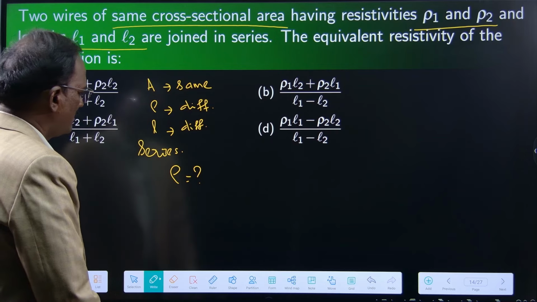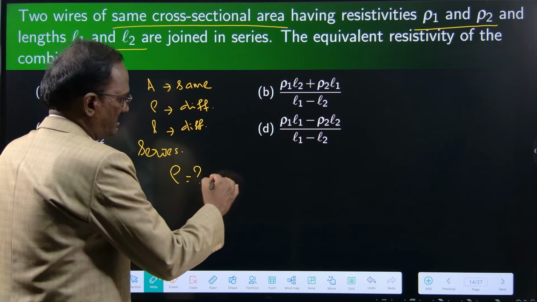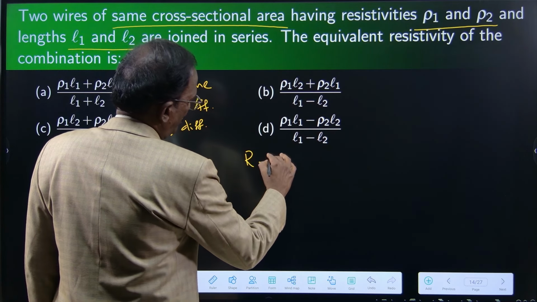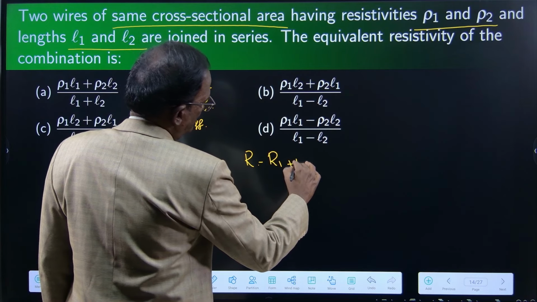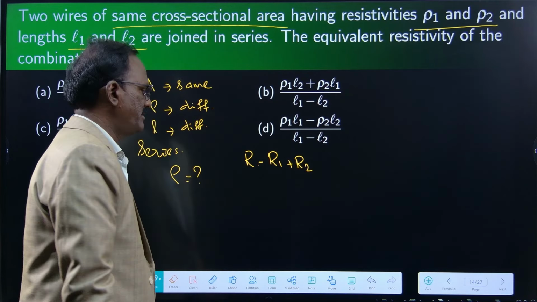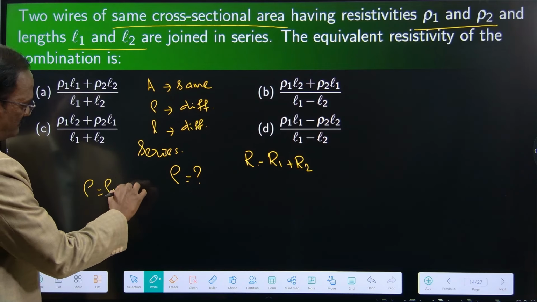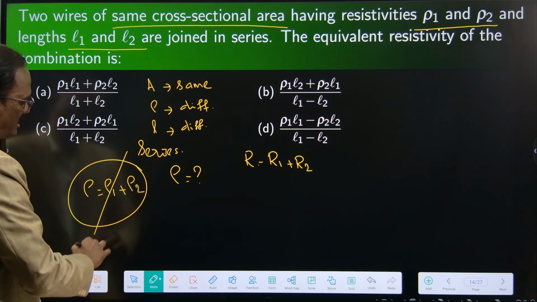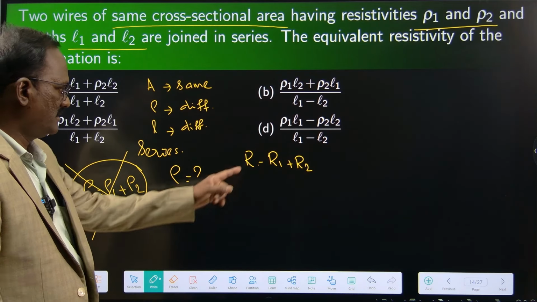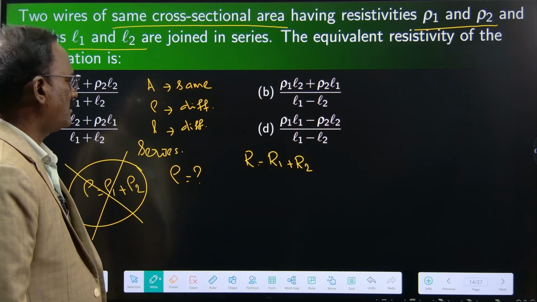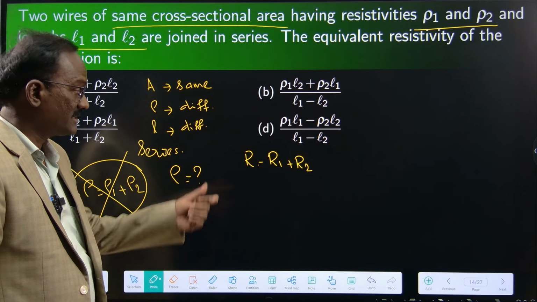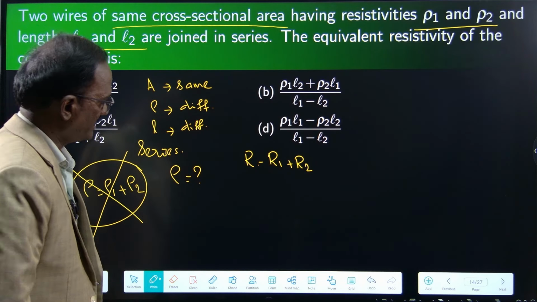Right? So rho is resistivity. We have to start from this formula. R is equal to R1 plus R2. Two different materials. Don't write rho is equal to rho 1 plus rho 2. Resistivity we cannot add straight away, right? So series circuit, R is equal to R1 plus R2. Resistance, not resistivity.